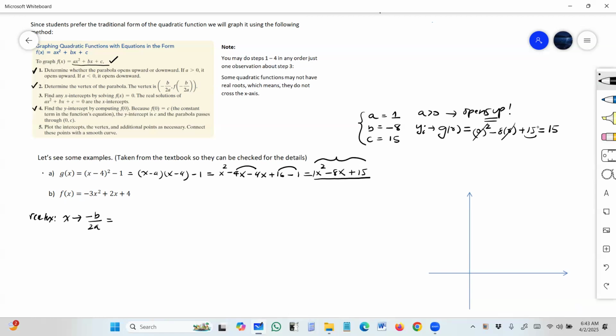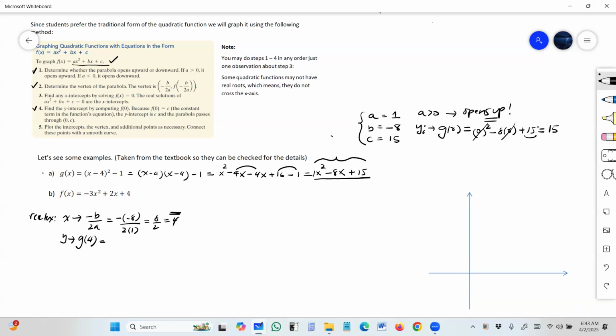So minus b, so it's minus negative 8 over 2 times a, which is 1. So this is 8 over 2, which is 4. So the x coordinate of the vertex is 4. And for the y, I have to find the function evaluated at that point. So function g evaluated at 4.